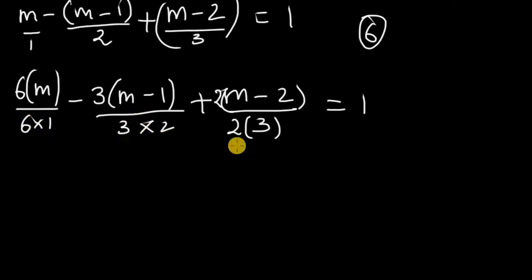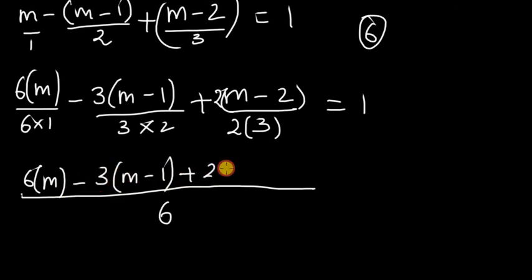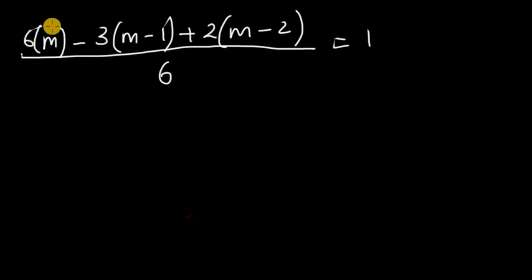Now let's simplify this. All the denominators will get 6, so let's take the 6 as common, then write all the numerators down: 6 into m minus 3 into (m minus 1) plus 2 into (m minus 2) equals 1. So this is going to be 6 into m, that is 6m.